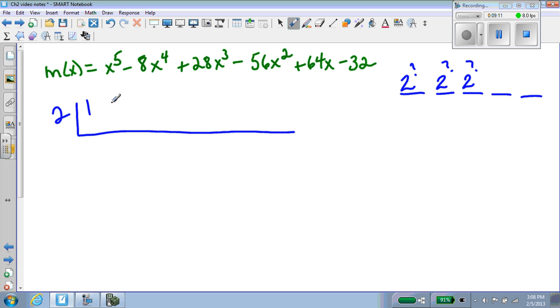So 1 and negative 8, 28 and negative 56, 64 and negative 32.